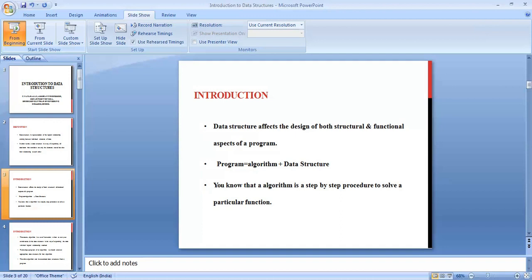Next, what is the difference between the primitive and non-primitive? A primitive data structure is generally a basic structure that is usually built into the language, such as an integer or a float. A non-primitive data structure is built out of primitive data structures linked together in a meaningful way.